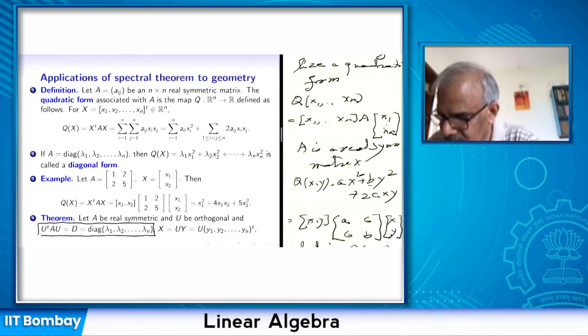Uᵀ in this case is simply U inverse. So this diagonal matrix D is actually similar to the given symmetric matrix A, and that is the reason that they will give rise to the same shape. So I get U⁻¹AU is the diagonal matrix.